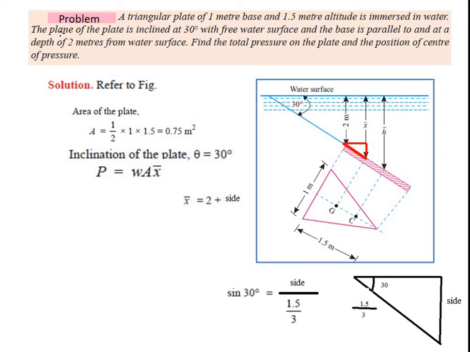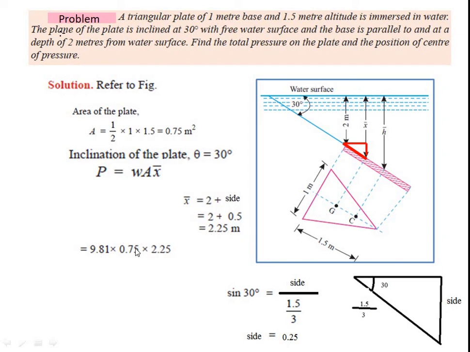So sin 30 is equal to side divided by 1.5 by 3, because the center of gravity is towards the base, and towards the base it is h by 3, so it is 1.5 by 3. So side can be given as 0.25. Sorry, by mistake I have written 0.5 here; it is 0.25. So x bar is equal to 2 plus side, that is 2 plus 0.25, which is 2.25 meter.